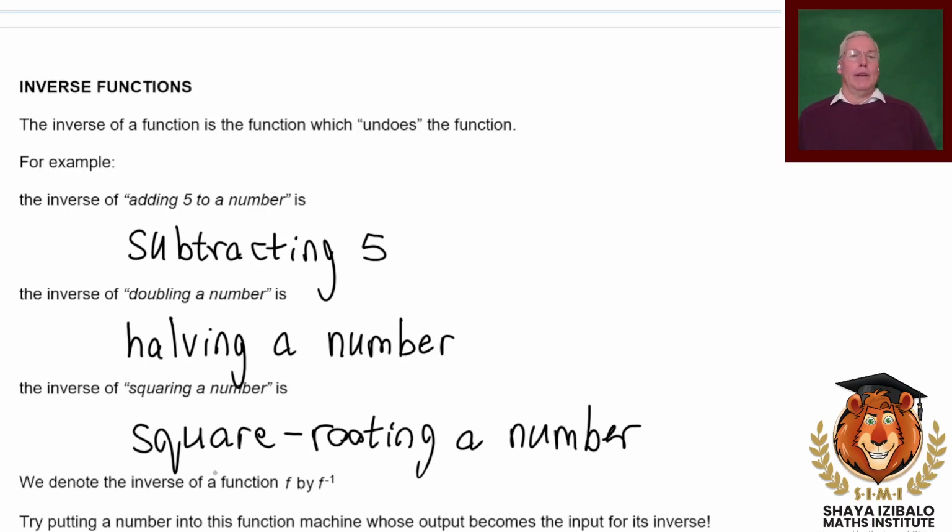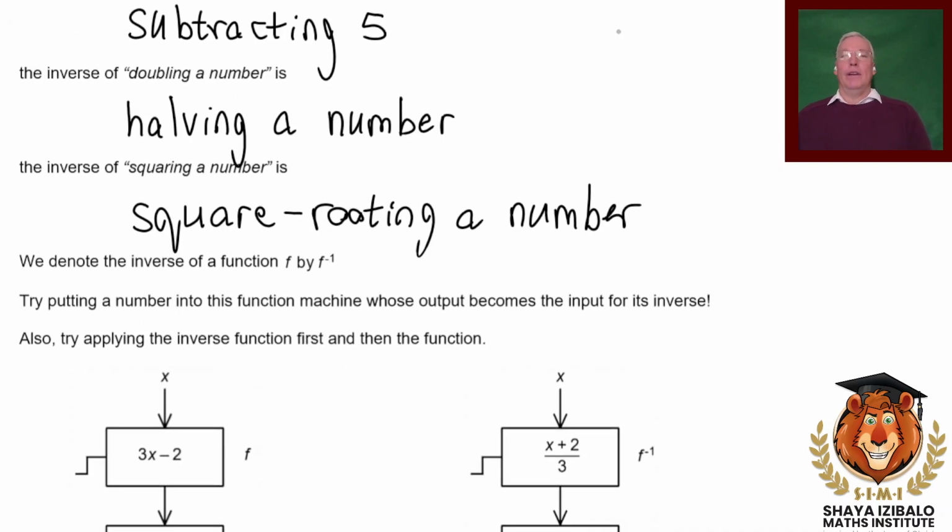Now, we have a notation where we use the little -1 on the function name, on f. Now, this is not to be confused, and there is room for confusion here. I'm just going to write something over here. 2 to the -1, we hope you know, is 1 over 2.